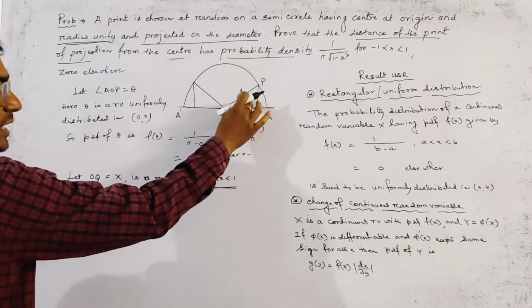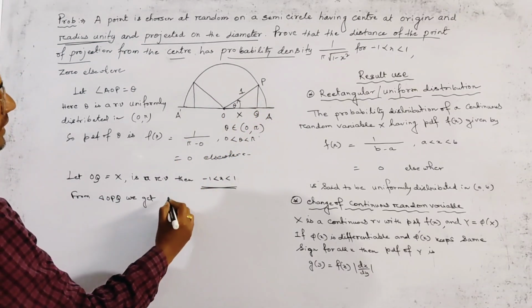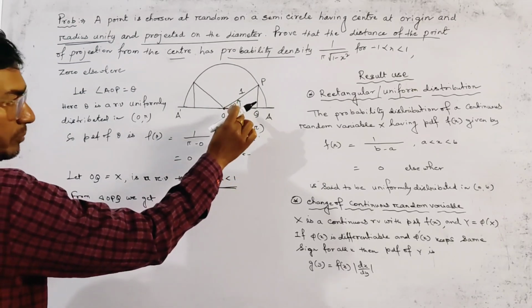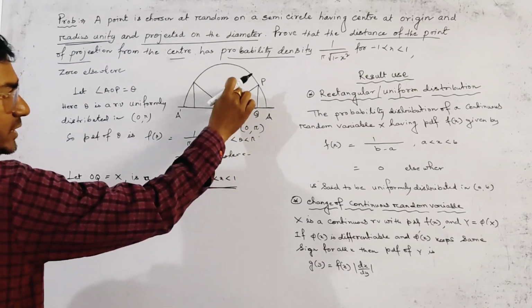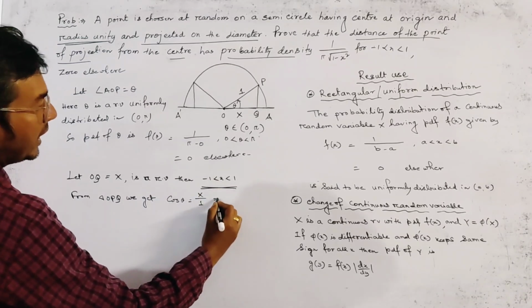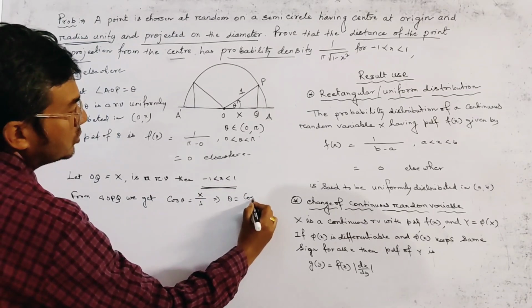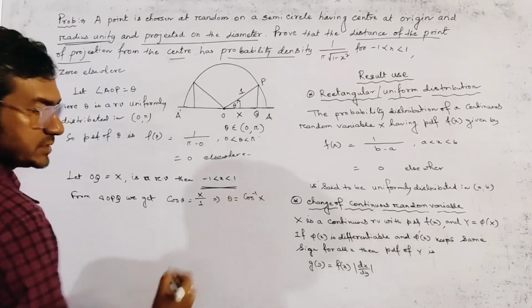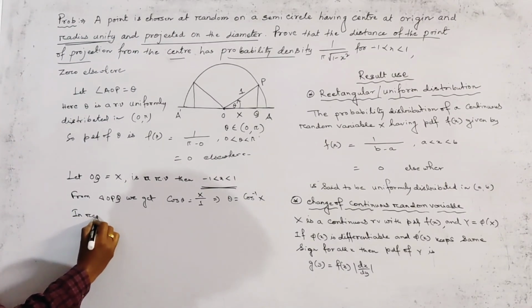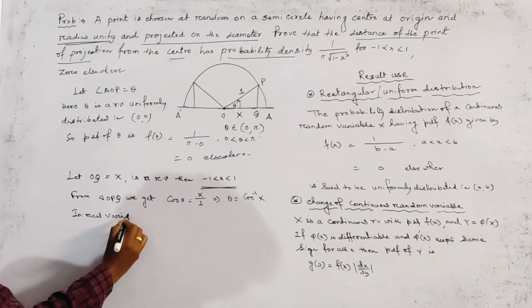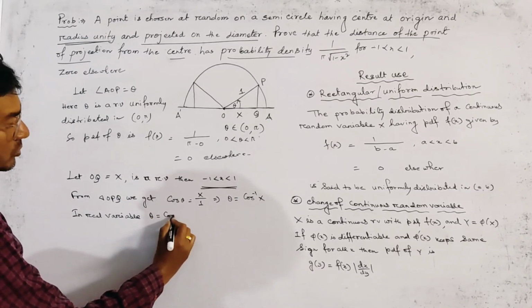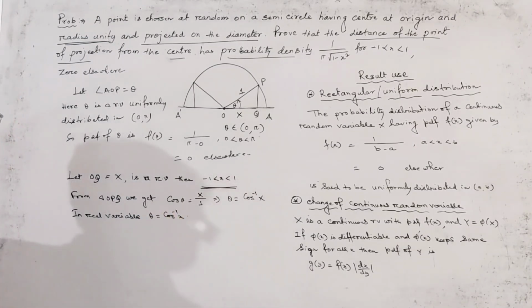Clearly by the property of triangle we can write cos theta equal to base by hypotenuse, which is x by 1, and theta is equal to cos inverse x.